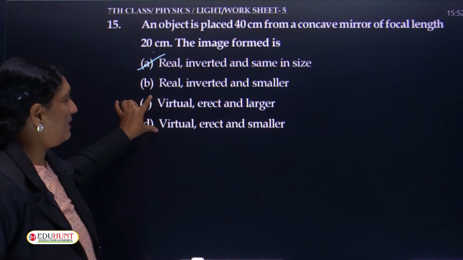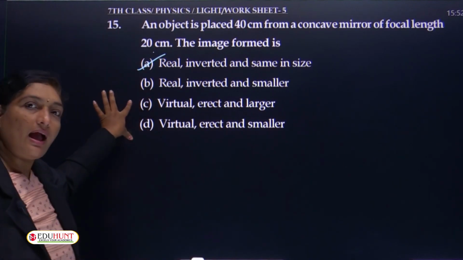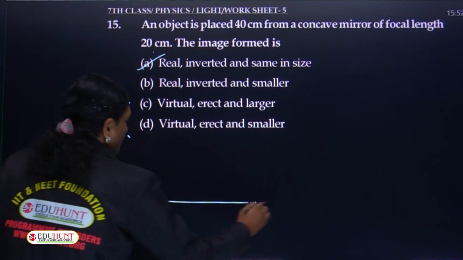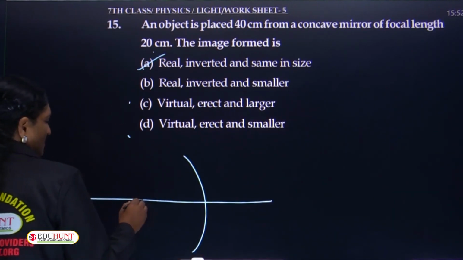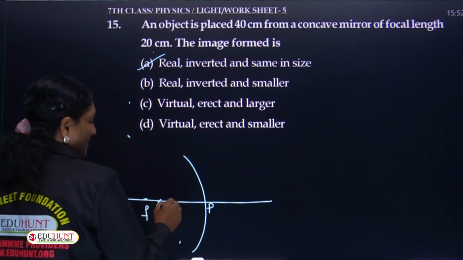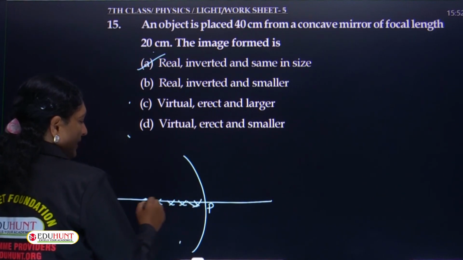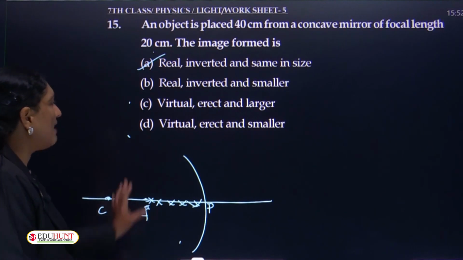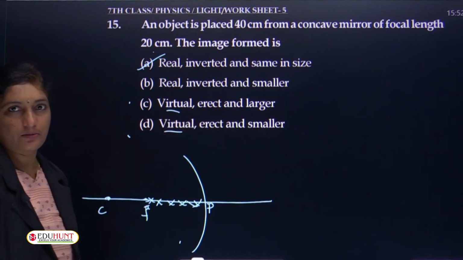Why? Because using a concave mirror, you have chances to get a virtual image. But when? Let us suppose this is your focal length and this is your radius of curvature. Whenever an object is placed in between the focus and the pole of a mirror, then you have a chance of getting a virtual image.